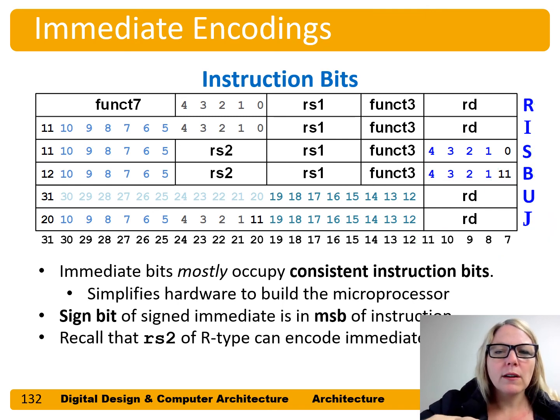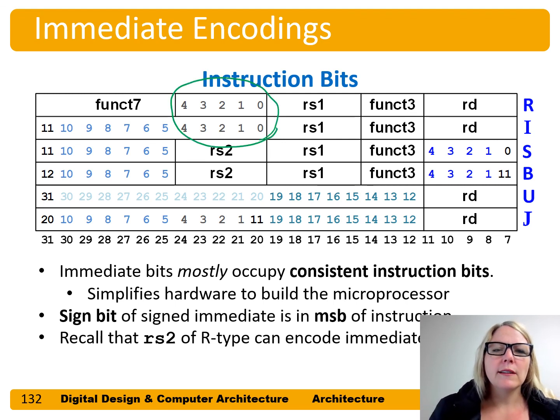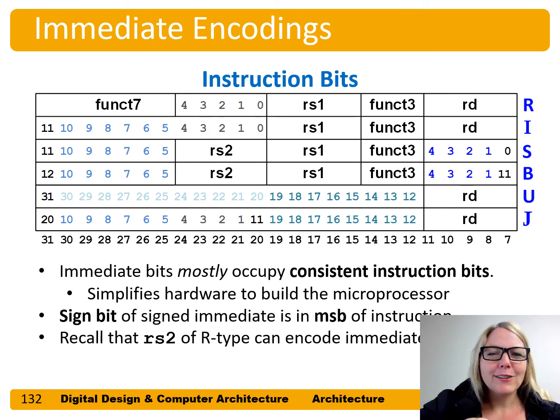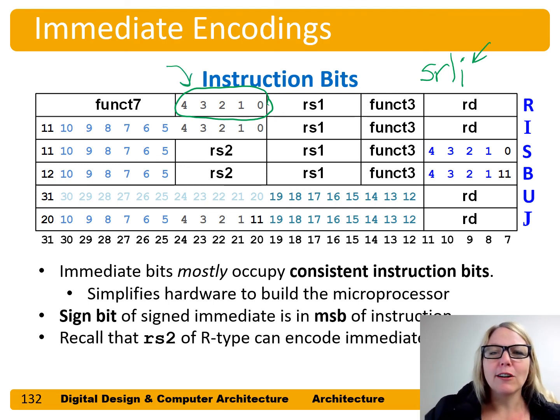And then for our I and R type instructions, bits 4 to 0 are in the same location. And again, R type instructions, this is usually RS2, but remember the one time that we encode an immediate in the R type instruction is for shift instructions with an immediate shift amount. And so that's an unsigned shift amount, and that's encoded in the RS2 field.